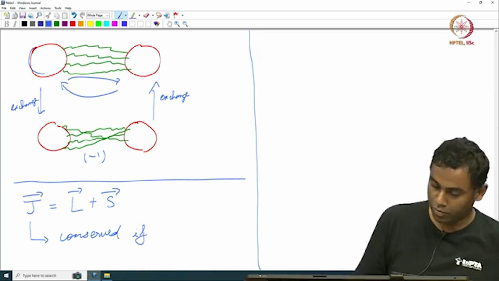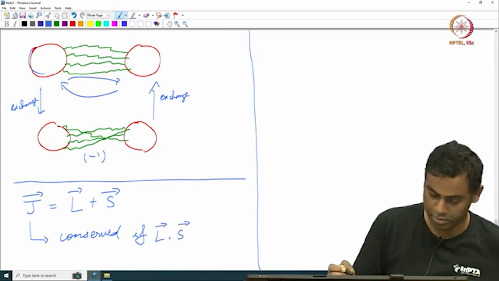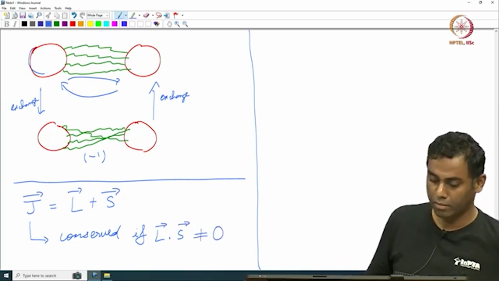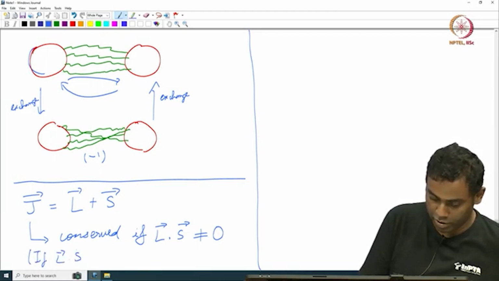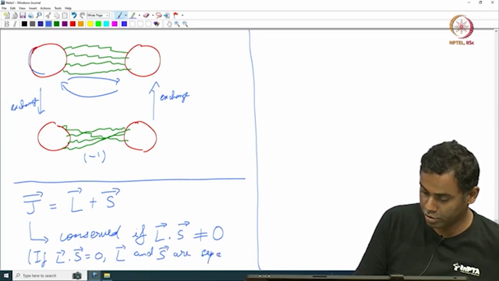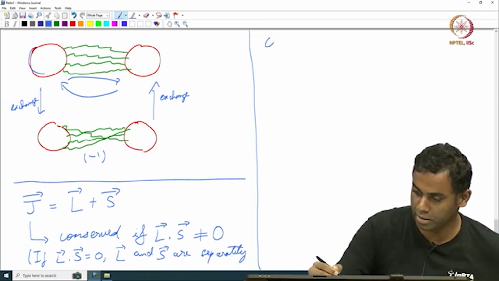Especially when you are thinking of a system where L dot S is not 0, because if L dot S is 0, this is what I wanted to say in the beginning, then L and S are separately conserved. So J is also conserved in that case, but in particular L and S are separately conserved.